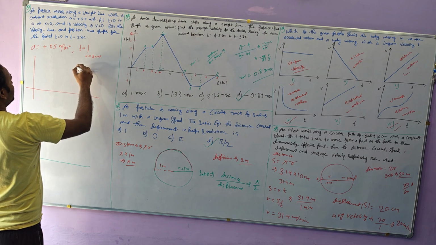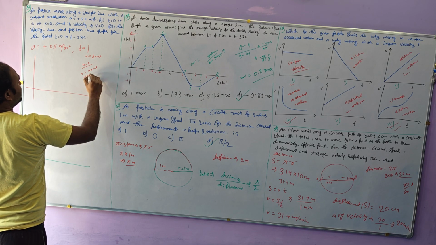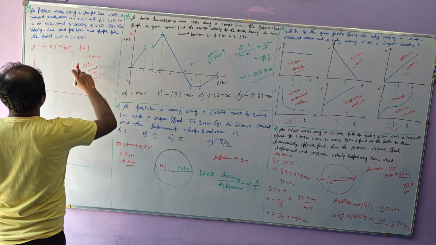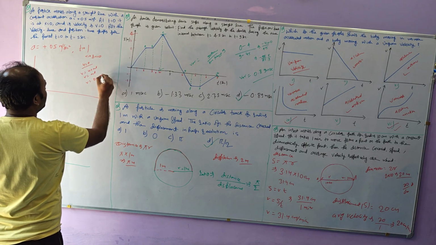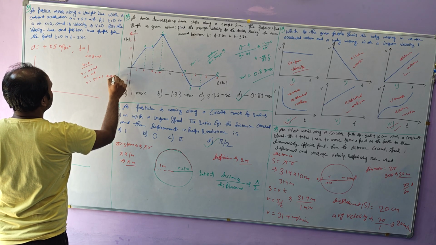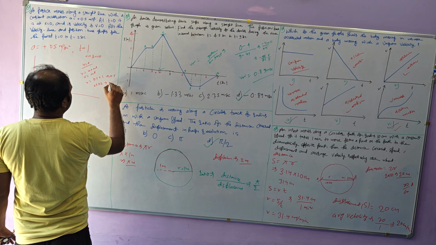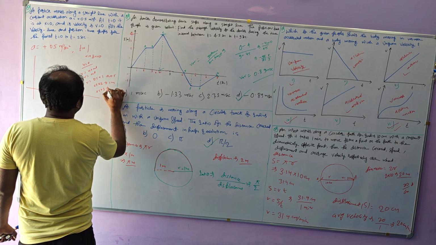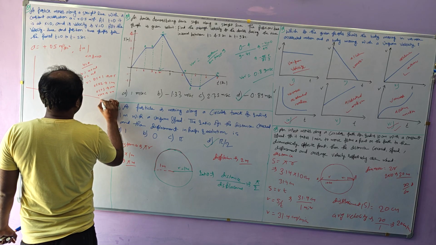We know u is equal to 0, v is equal to u plus at, that means v is equal to at, then v is equal to 0.5 t. For time 0 it is 0, at 1 second it would be 0.5 meter per second. 0.5 into 2, that is 1 meter per second. 0.5 into 3, that is 1.5. 0.5 into 4, that is 2. 0.5 into 5, that is 2.5.